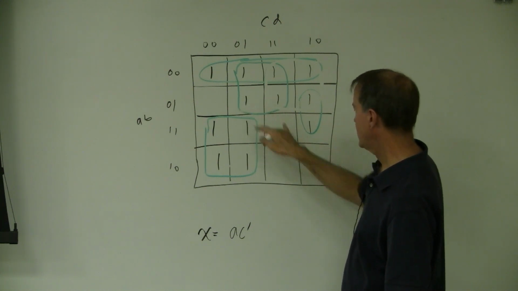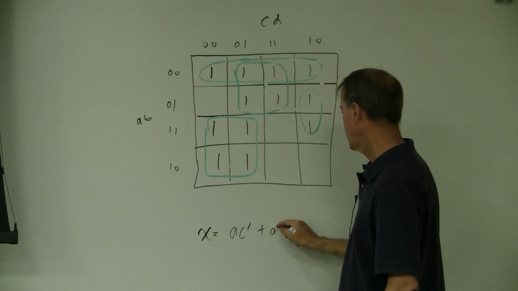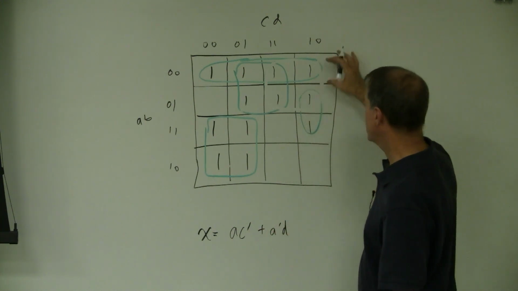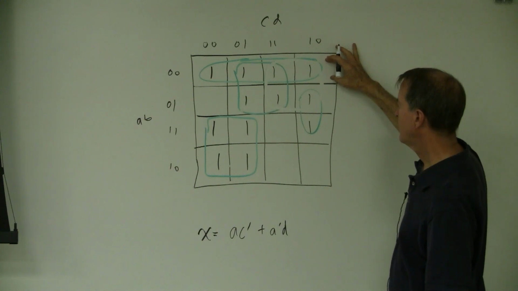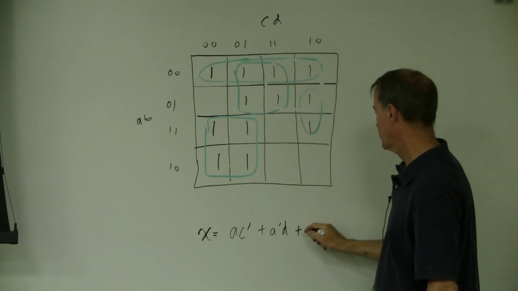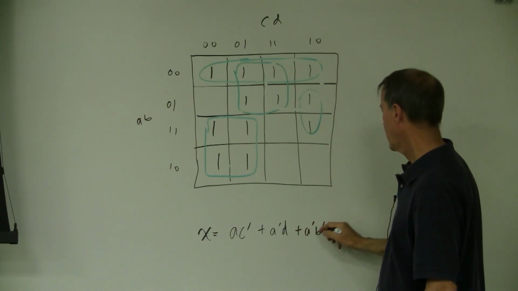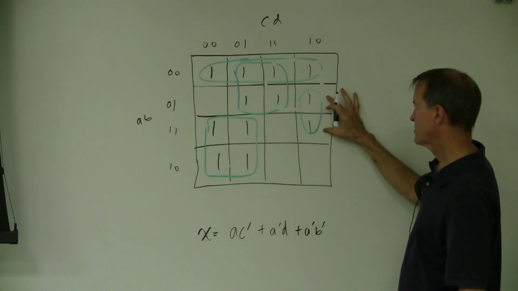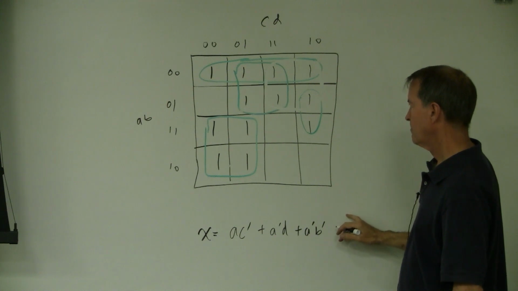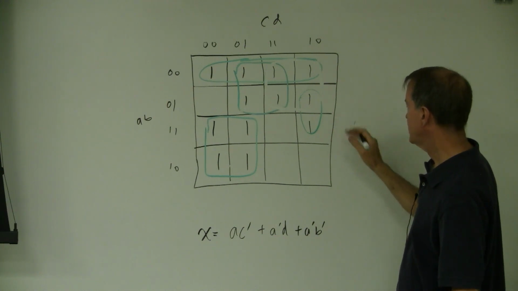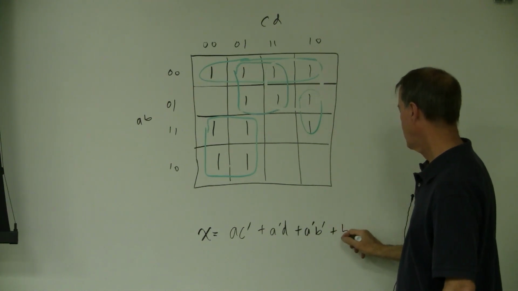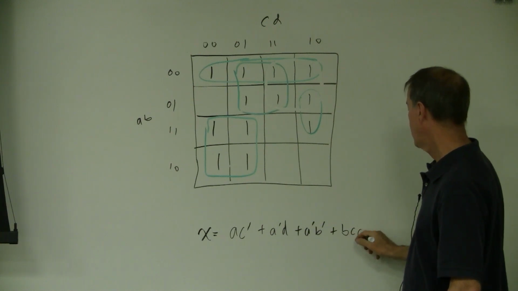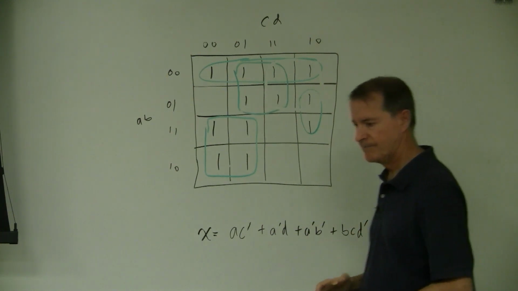A prime D. And now what's the top row? A prime B prime. And now this one, the smaller group, has more inputs. So what is this? B, C, D prime. Cool.